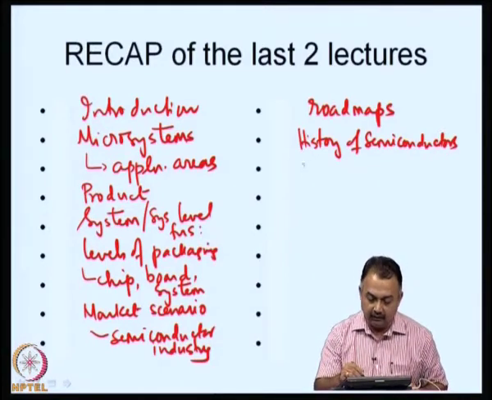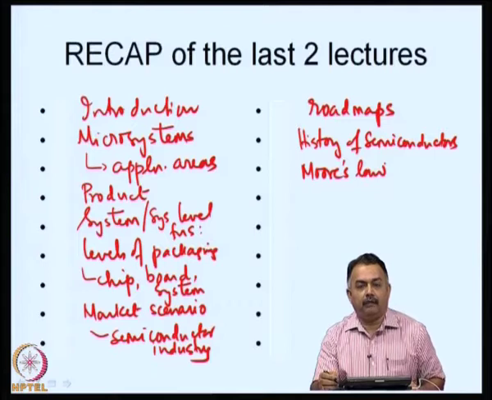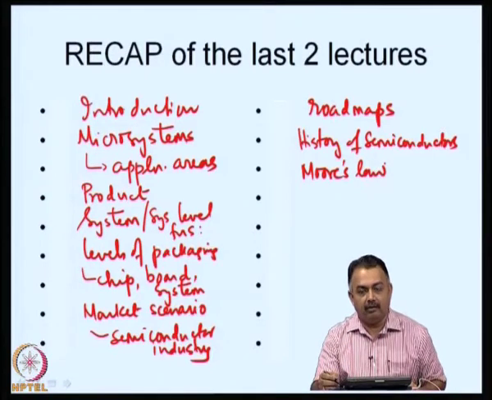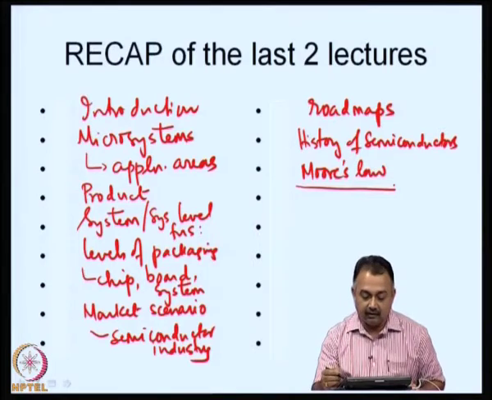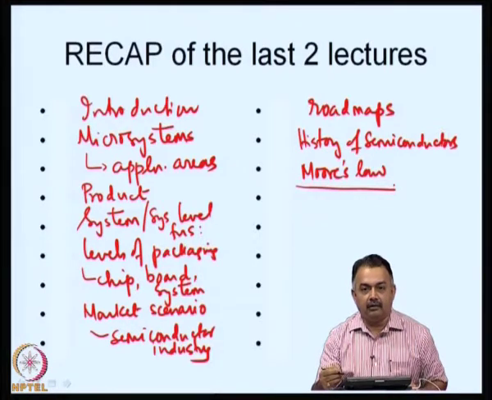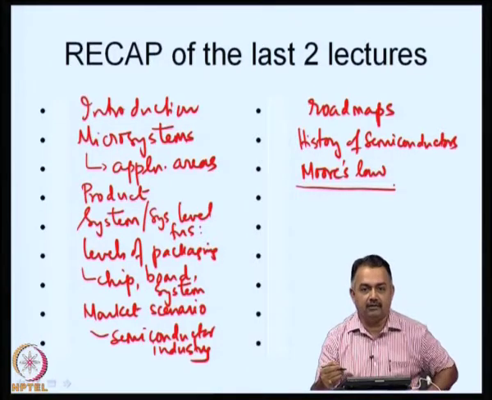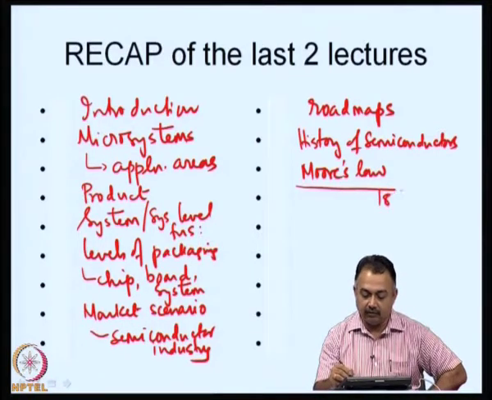We have also seen a very important factor that dictates the roadmap and influences the growth of industries, and that is known as Moore's law. I hope you can recollect what Moore's law is, which briefly states that the number of transistors built on a die doubles every 18 months, but I also mentioned that in today's context the growth is actually around 24 months.